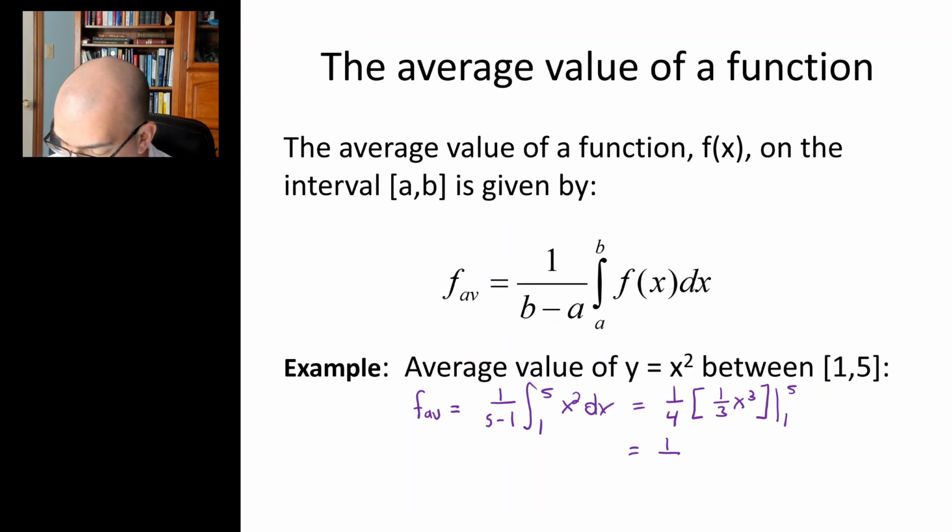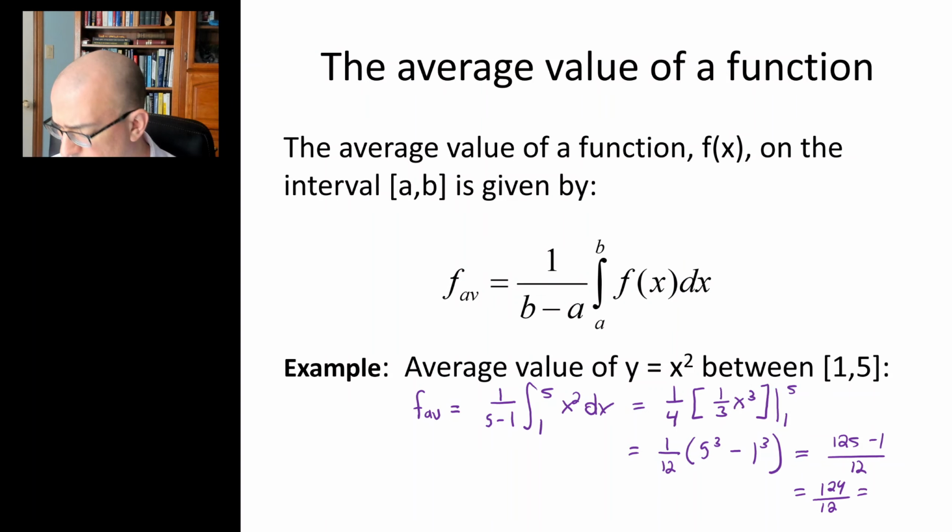So 1 over 12 times 5 to the 3 minus 1 to the 3. So 125 minus 1 over 12, 124 over 12. I'll divide top and bottom by 2, so 62 over 6. I'll do it again, 31 over 3 will be the answer.